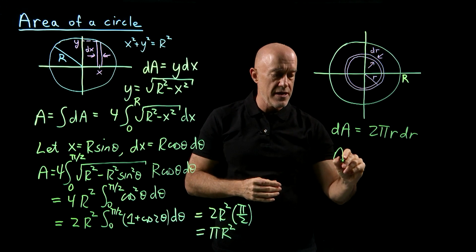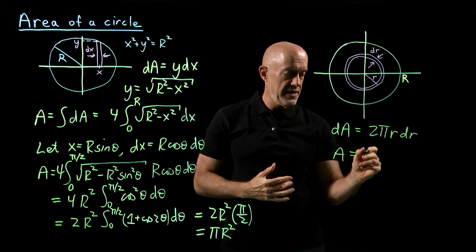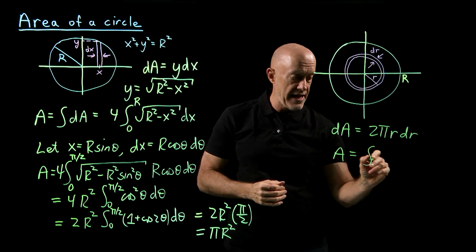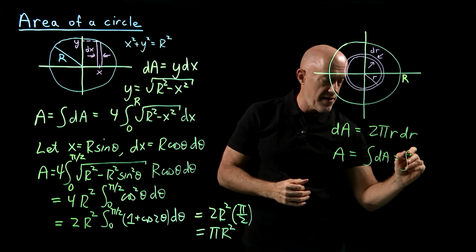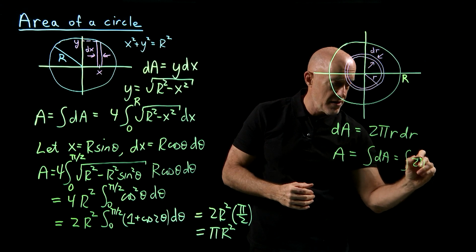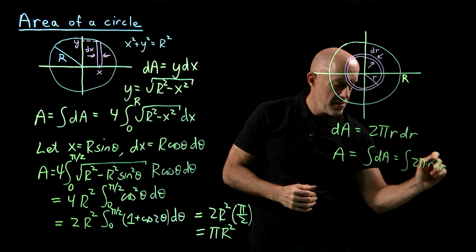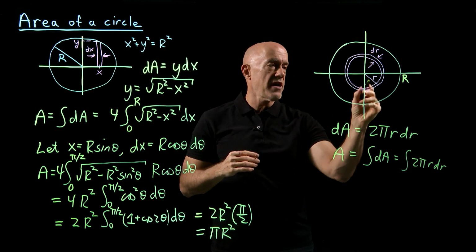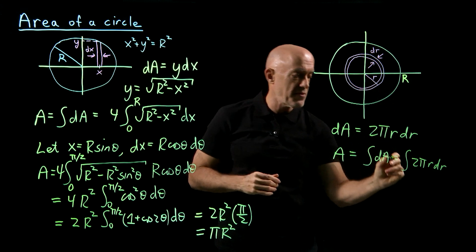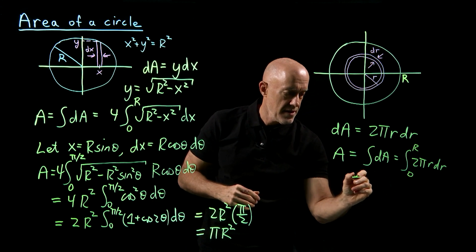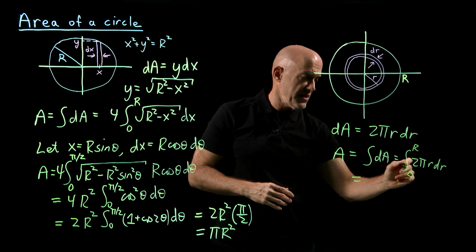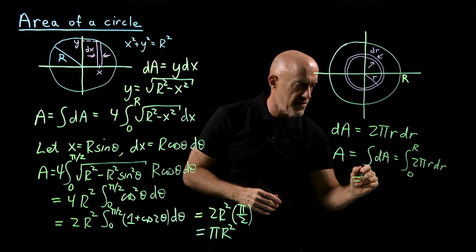So the area here is the integral of dA, which is the integral of 2 pi r dr. What are the values of r? It goes from 0 to capital R. And that becomes, the integral here is the integral of a linear function.